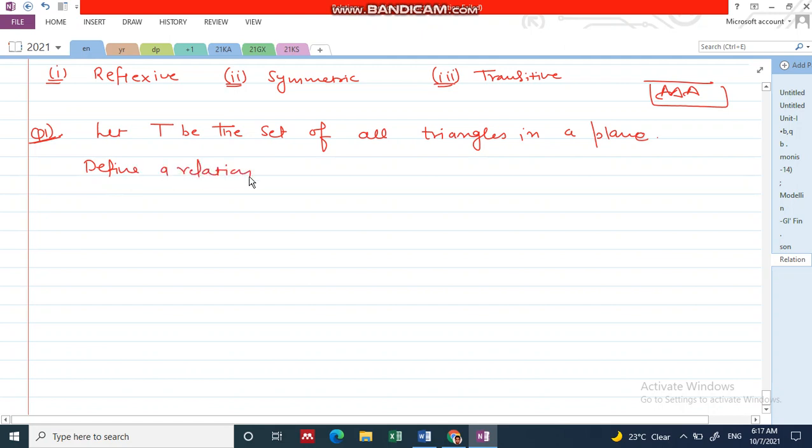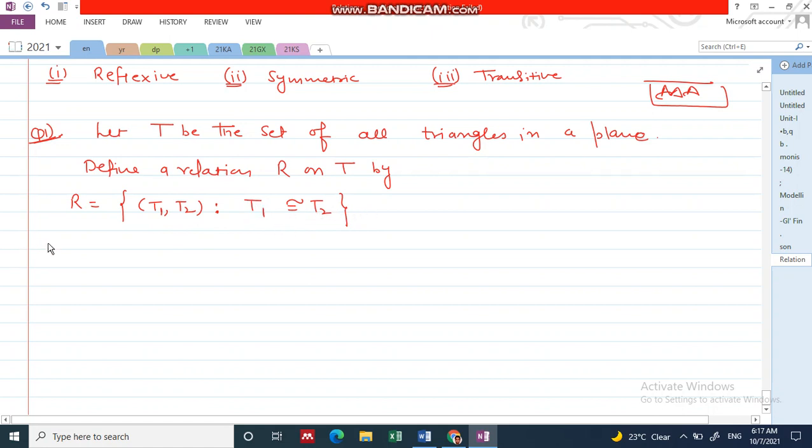Define a relation R on T, in which we take those triangles such that T1 is congruent to T2. This symbol is the symbol of congruency. So we say that two triangles are related whenever the first triangle is congruent to the second triangle.